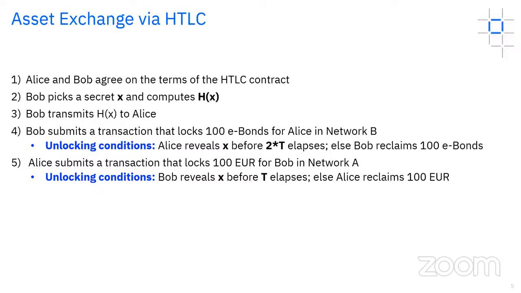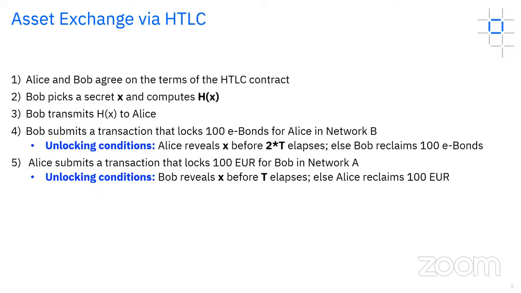And then there are other elements that are specific for HTLC, and those are the hash and the timeout. So those are also, in some way, part of the contract. And here, for the sake of clarity, we would assume that Bob is the one computing the hash.